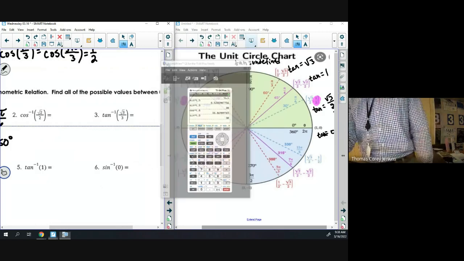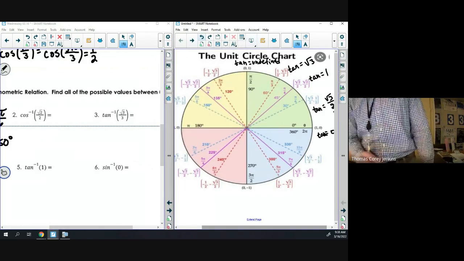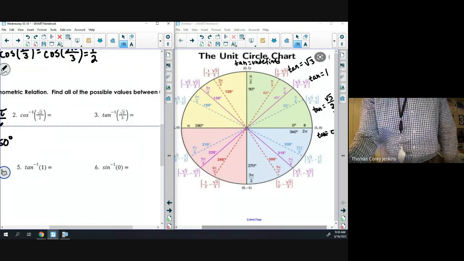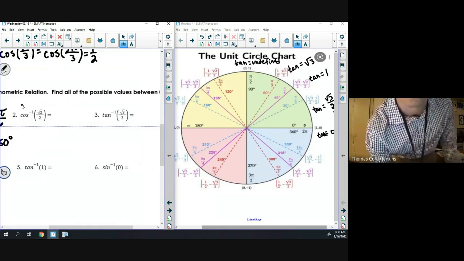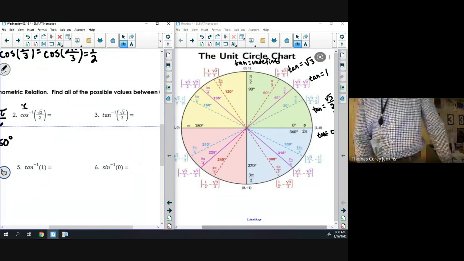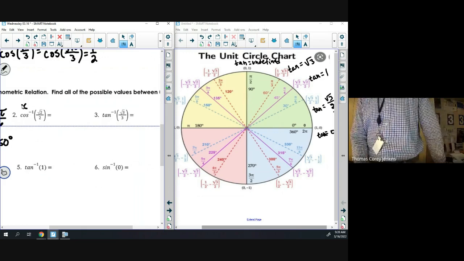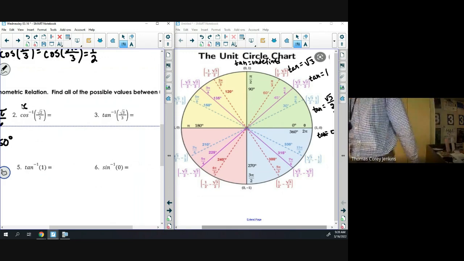Number 2 wants us to find arc cosine. So cosine, we're thinking x. So on my unit circle, I'm looking for where are x values positive, square root of 2 over 2.